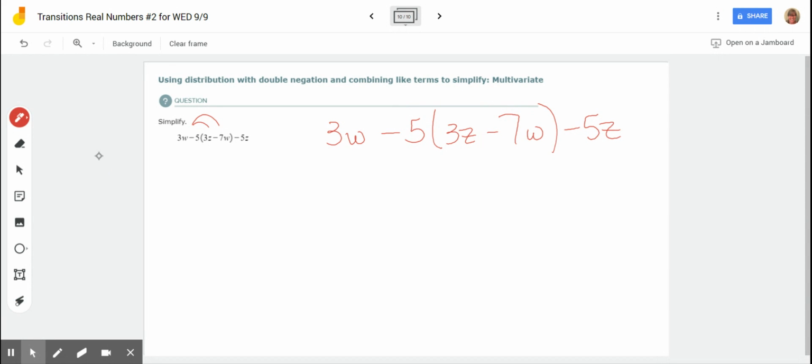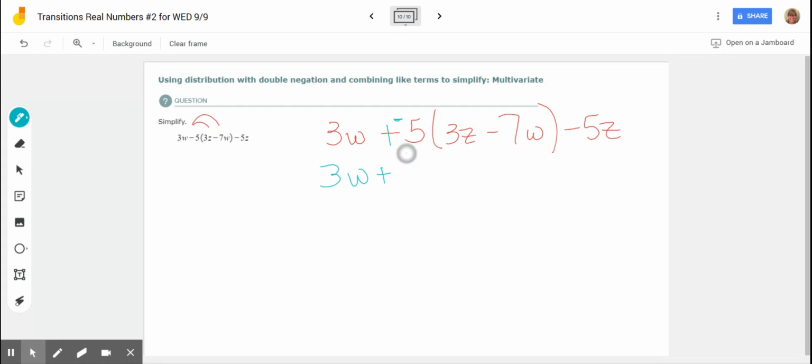I highly recommend you speak out loud when you do math. You say to yourself, 3W, okay, minus 5 times, now right there, that's going to screw you up because it's going to say minus 5 times this and 5 times that, and then you're going to lose that negative. So I highly recommend you say, okay, plus negative 5, might even want to change it, okay, just so you know.